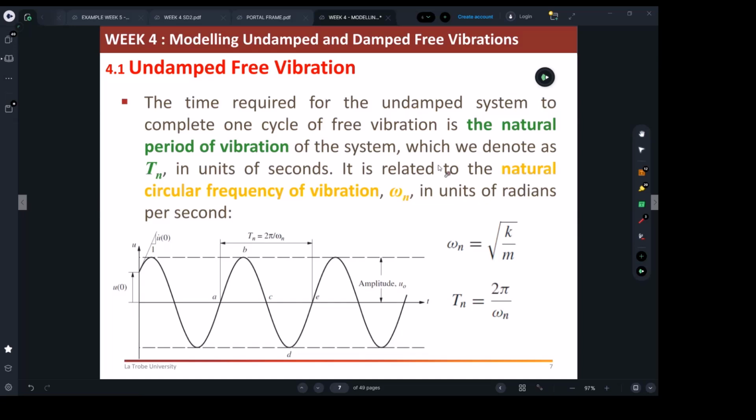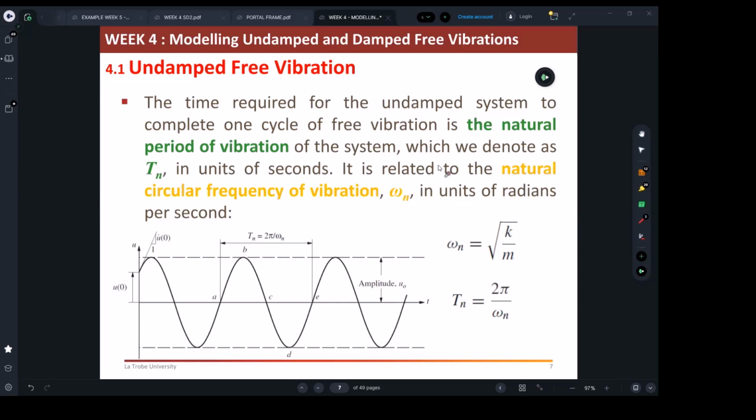This week we're not talking about actions coming to the structure; we're talking about the behavior of the building itself. The natural frequency or natural time period is a property of a structure and depends on how strong it is, how heavy it is, and the framing arrangement.